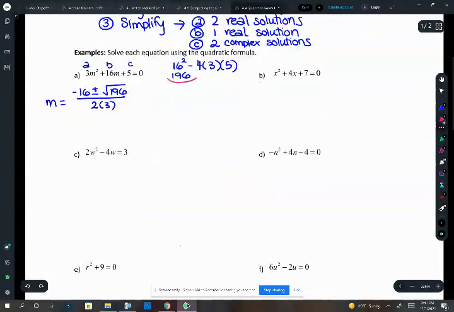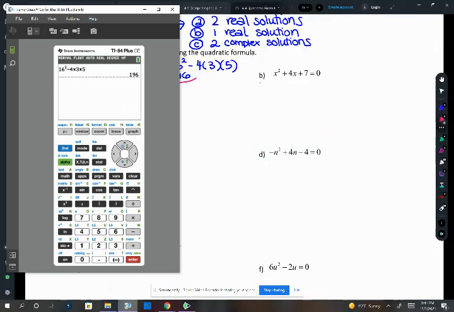So as I look at this, I get m is equal to negative 16 plus or minus the square root of 196. If it comes out nice, a clean number with no decimals, then I'm just going to write down my answer.